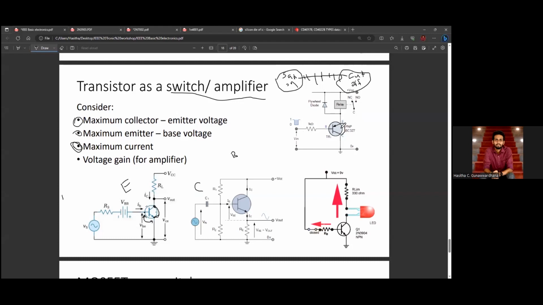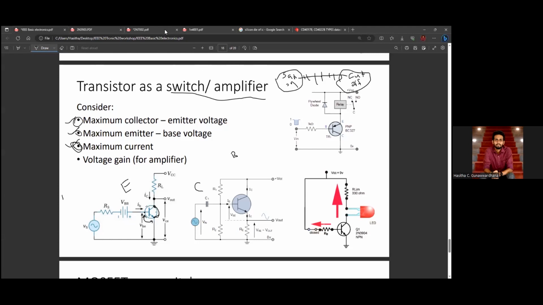So what is the maximum current going through this line? We have to consider that. If we turn off the transistor, what will be the maximum voltage between these two terminals? We have to consider these two whether we are going for a switch or an amplifier.